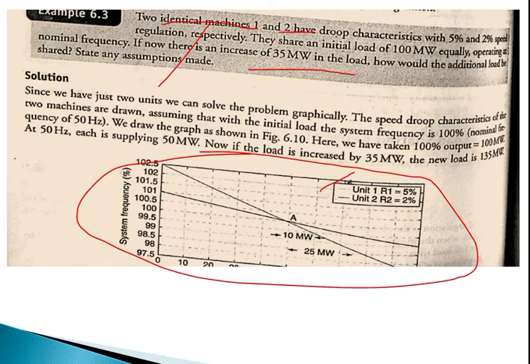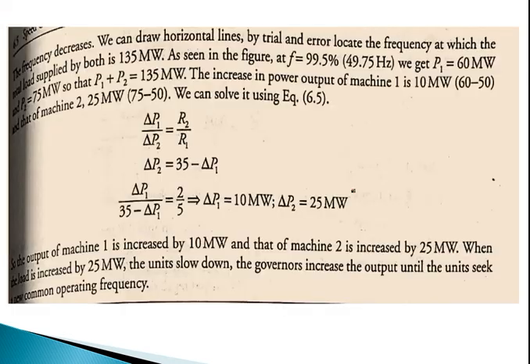If the load is maximum, at full load, it is 100% of power at system frequency. If the load increases by 35 megawatt, that is 135 megawatts. If you consider more than 100% of load, it is given by the equations.